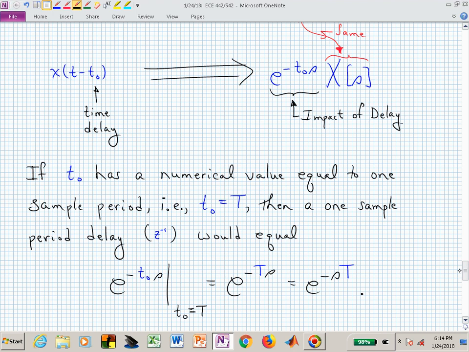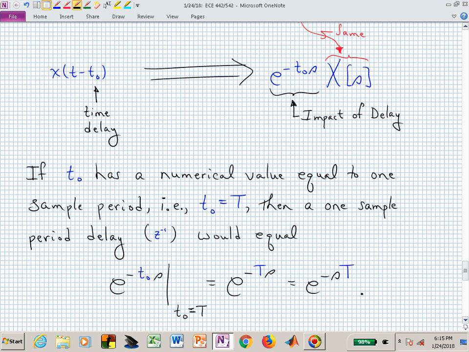would in fact equal this Laplace transform expression when we replace t sub 0 with that same amount of time, our sample period, capital T. So now we're saying that this S-domain expression, this complex exponential, is equal to z to the minus 1.